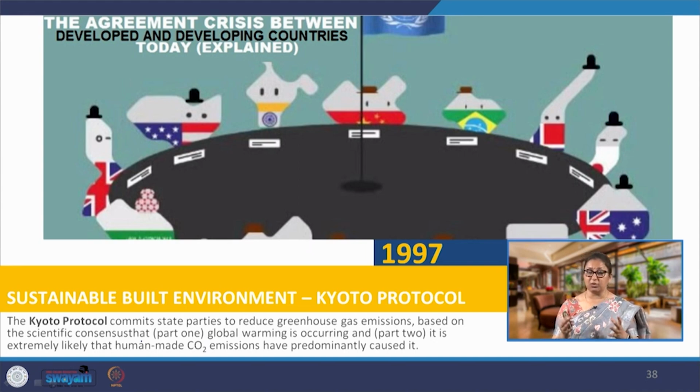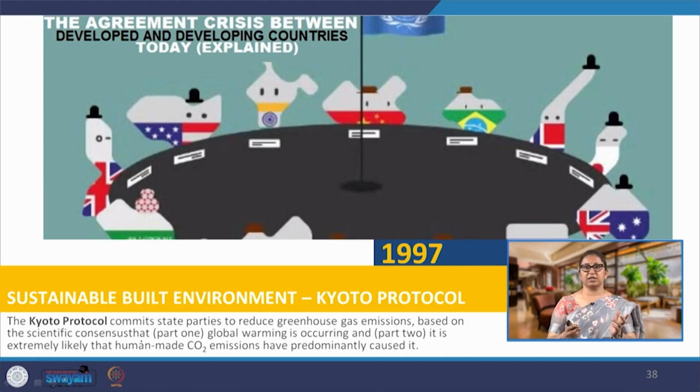The whole agreement was on reducing greenhouse gases, which we will be talking about, greenhouse gas emissions. So the Kyoto Protocol came as an output of the Earth Summit. It took a lot of time to be ratified by a lot of parties, but the Kyoto Protocol laid the foundations of understanding and reducing greenhouse gases.